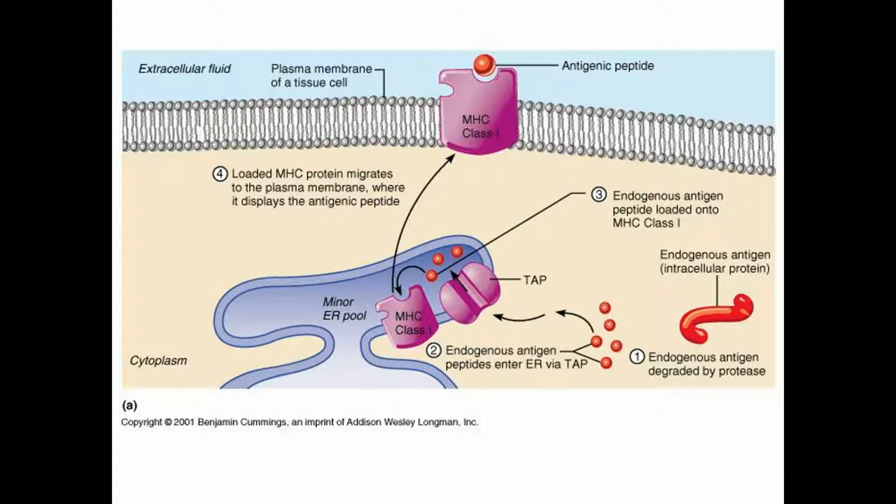Those are going to enter the endoplasmic reticulum, where they're going to undergo processing and be attached to MHC class 1 surface receptors, and then those MHC class 1 receptors are going to be transported to the plasma membrane and displayed on the surface, along with your antigen.